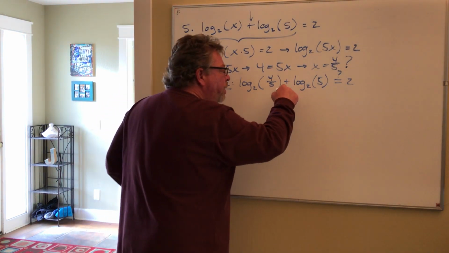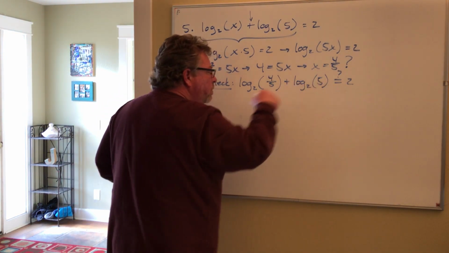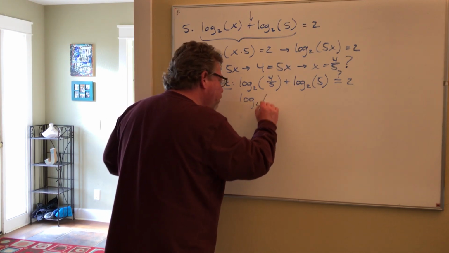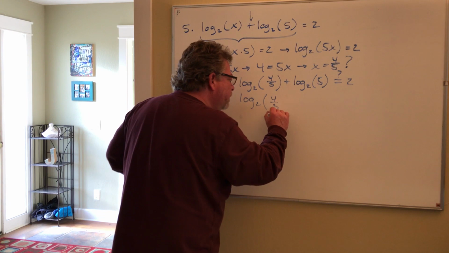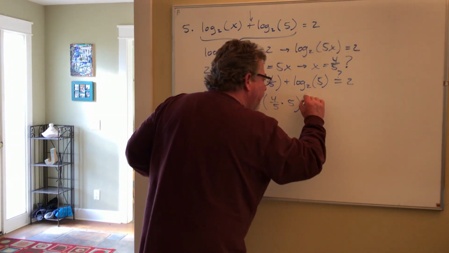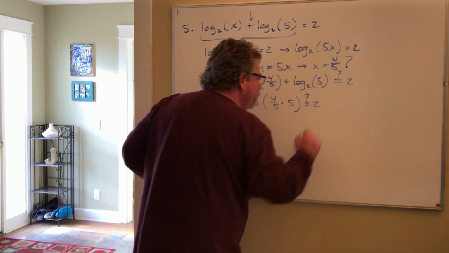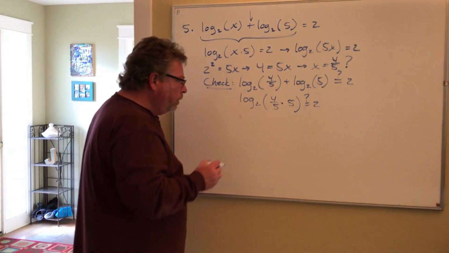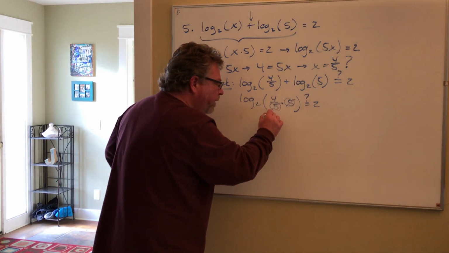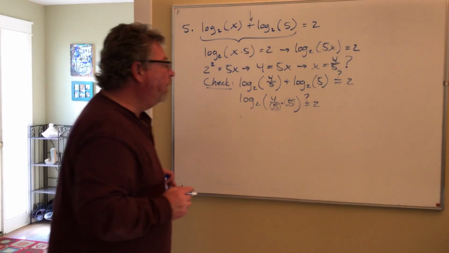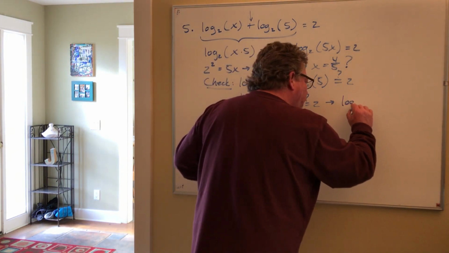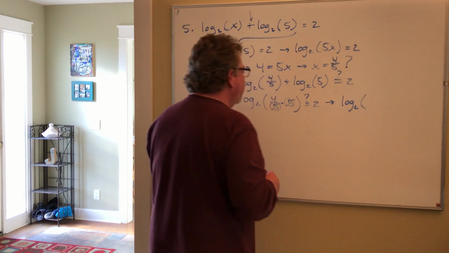And so I can actually multiply these two together, and this will become the logarithm base 2 of 4/5 times 5, and I'm asking, is this equal to 2? So look what happens here: we have a division by 5, we've got a multiplication by 5, they're gone, and so this simplifies to the logarithm base 2 of 4.